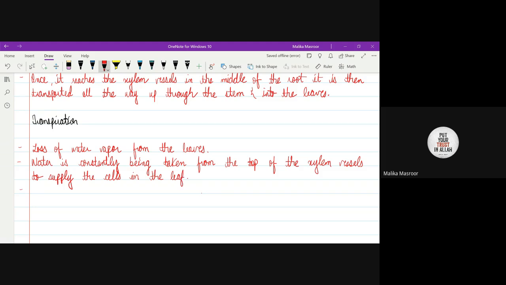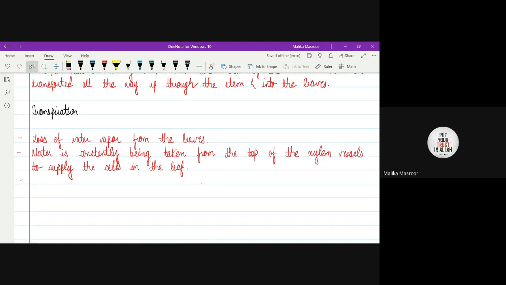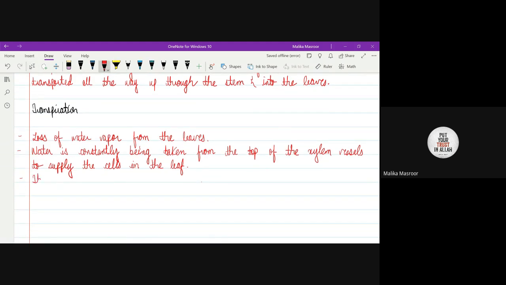So this will reduce the pressure at the top of the xylem vessel, so water will flow up the stem.